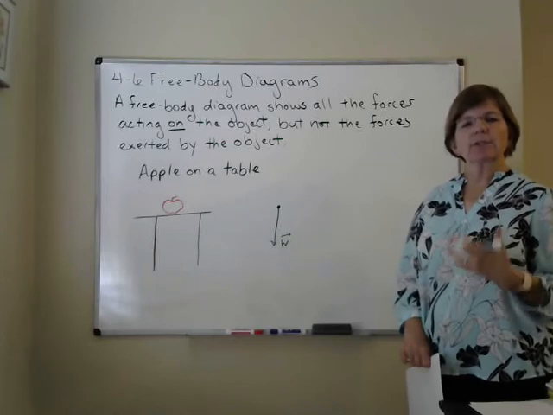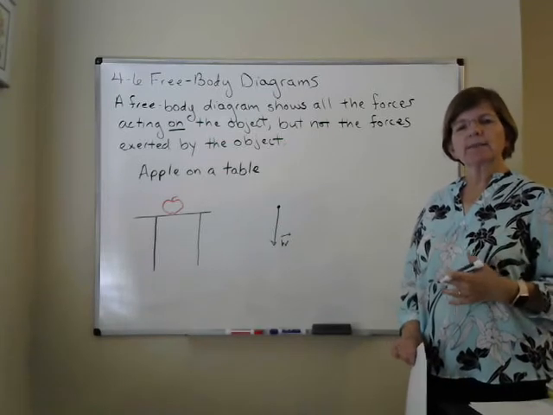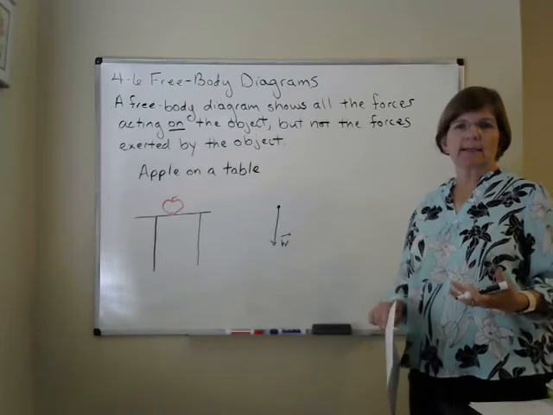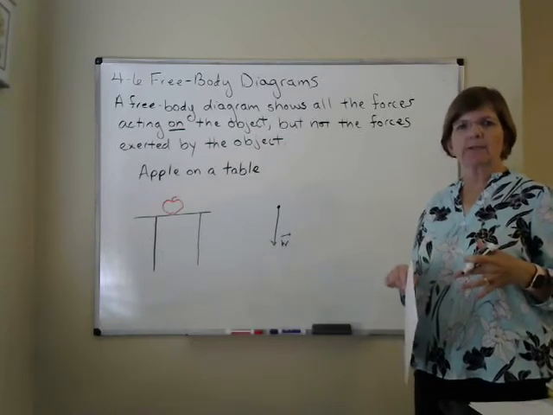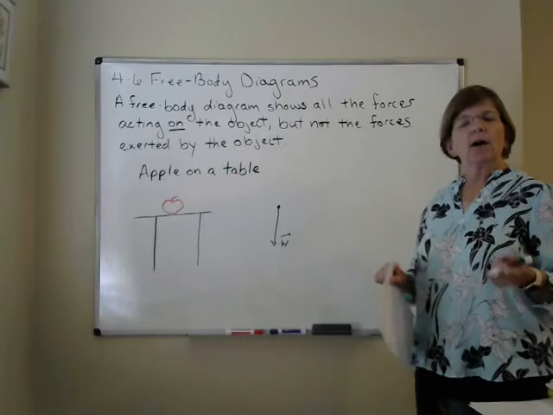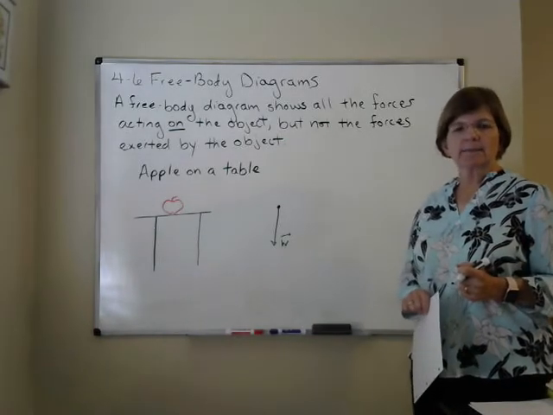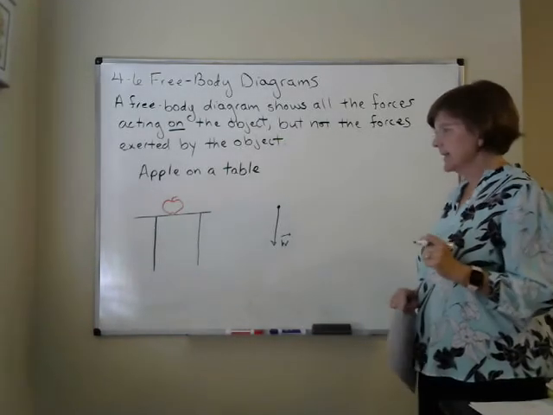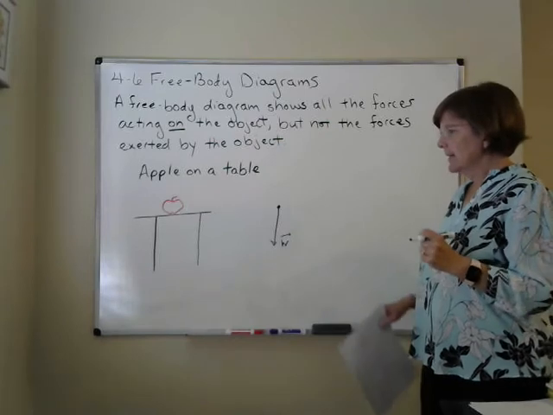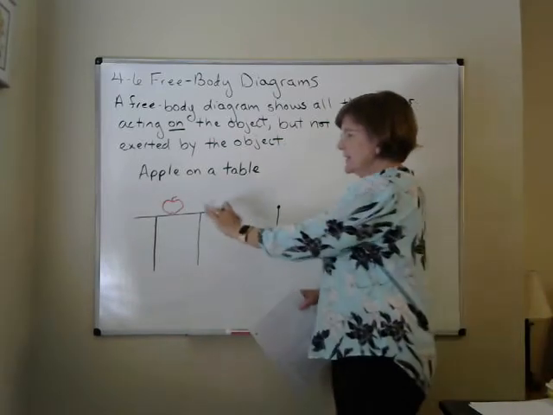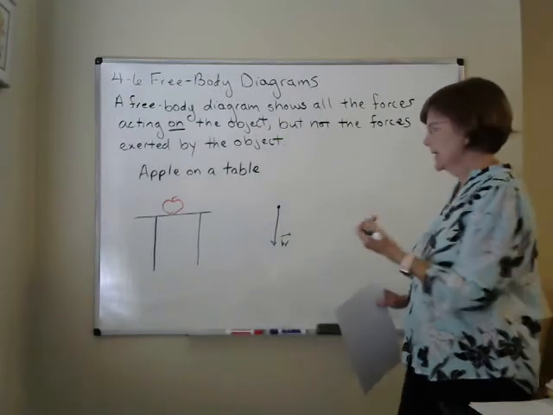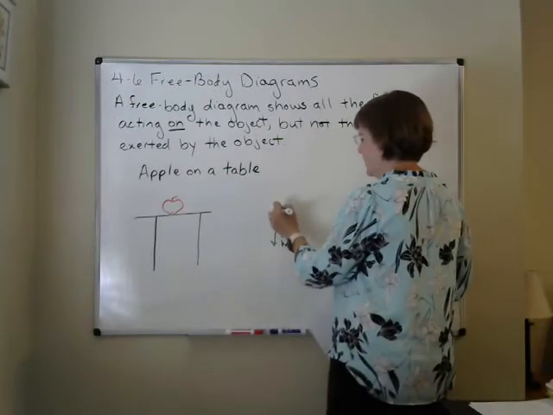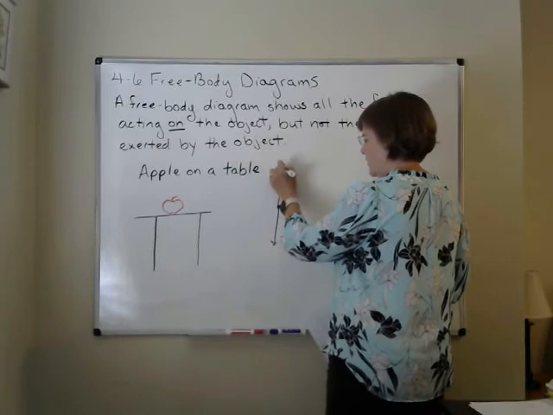If the apple's not moving, there has to be another force to balance it. When something's at rest, and we'll just talk about at rest right now while we do these free body diagrams, all the forces are balanced. The other force is the normal force. Since the apple is pressing down on the table, the table pushes back. It pushes back with a perpendicular force we call the normal force.